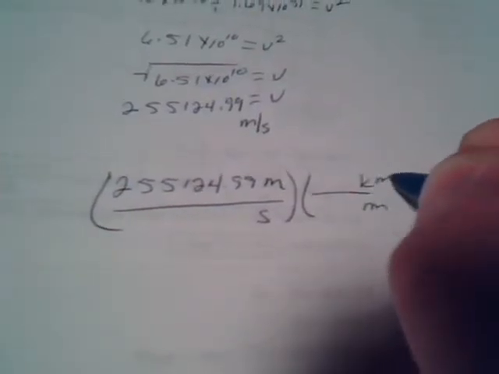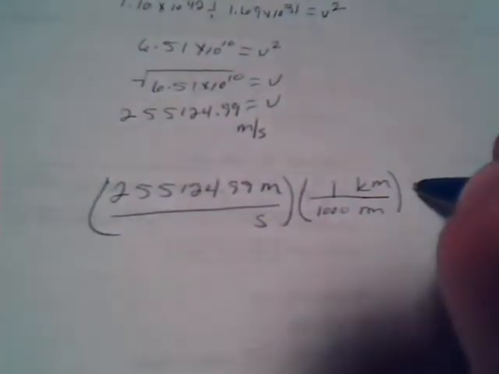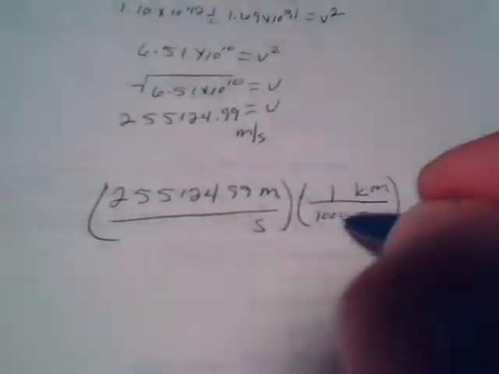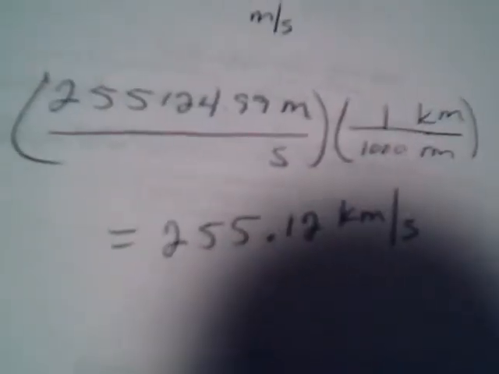So that means kilometer is on top, and there are 1,000 meters in 1 kilometer. So now top times top, bottom times bottom. So what we end up doing is dividing this number by 1,000. And when we do that, we get 255.12 kilometers per second. So there should be the answer to number 7 on page 2.